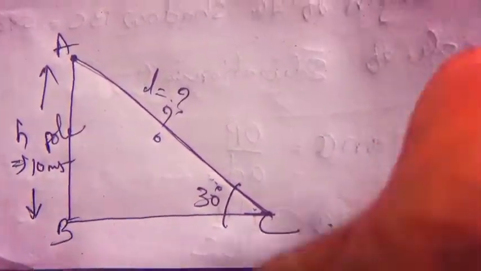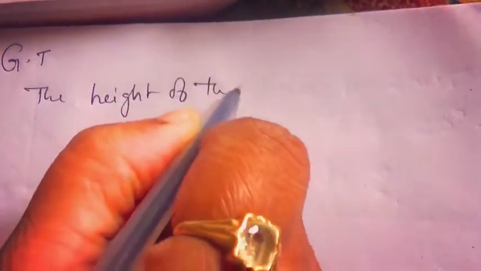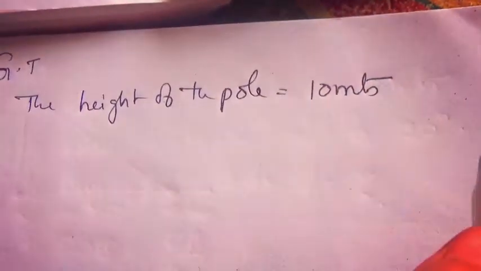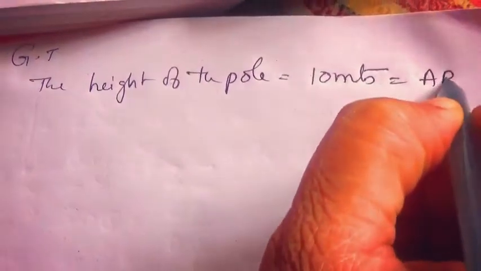Okay, A, B, C. So given that the height of the pole is equal to 10 meters. That is, height of the pole is nothing but here from figure AB. That is equal to AB.